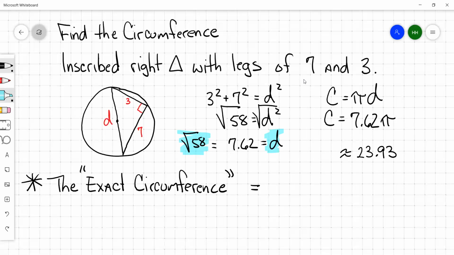Because when you find the square root of 58 and it's not a perfect square and you get a decimal answer, well, that's not the exact diameter anymore. It's an approximation. The exact diameter is the square root of 58. So if you're finding the exact circumference, it would be equal to pi times the square root of 58.